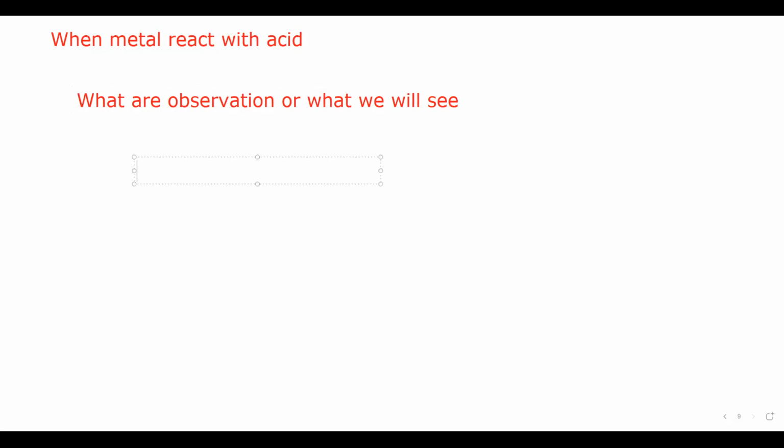So the state of the metal: all the metals are solid at room temperature except mercury. We are mixing with acid. Acids are normally solutions, mixed with water. So state of the metal is solid. State of the acid is aqueous.